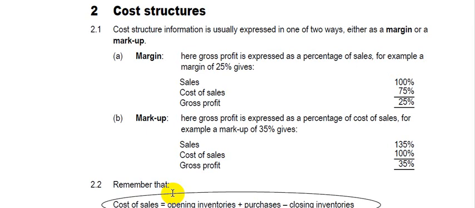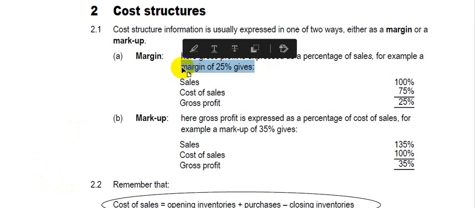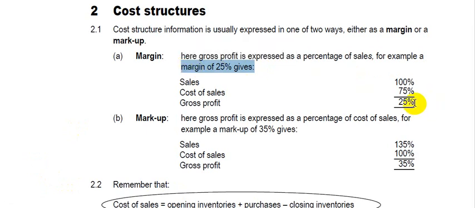Then the profit will be whatever the margin figure the question has given you. For instance, in this illustration, you are given the margin as 25%. So the profit will be 25%. The cost of sales will be 100 minus 25% to give you 75%. If the margin was given as 20%, then the cost of sales will be 80%. So a margin fixes the sales at 100%.